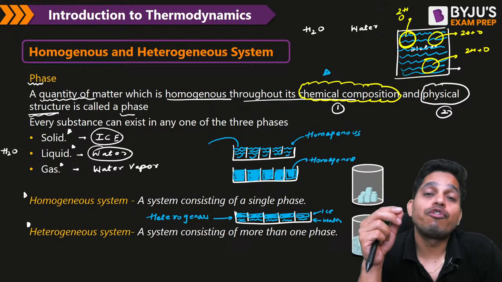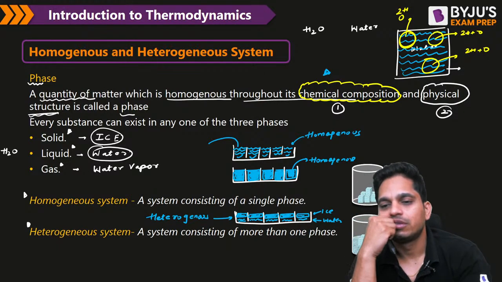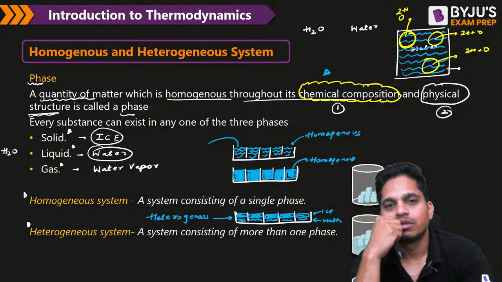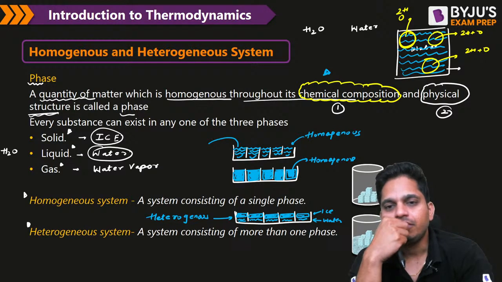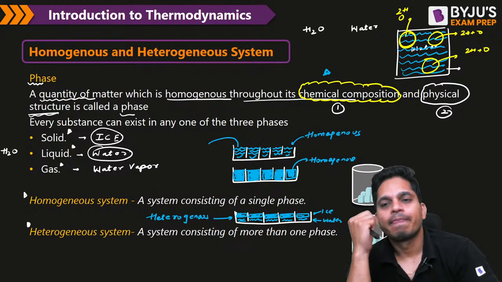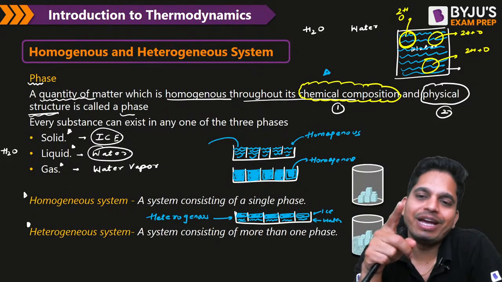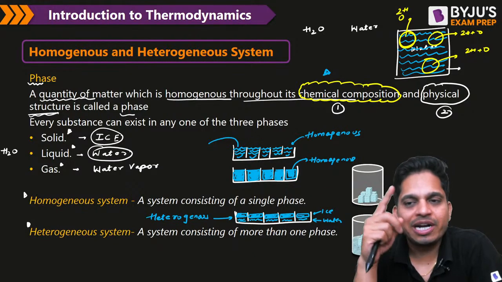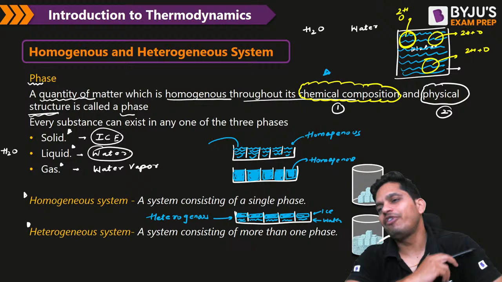If it consists of more than one phase, it is called a heterogeneous system. So if one phase, homogeneous; if the system consists of two or more phases, heterogeneous system. This is what we have discussed.